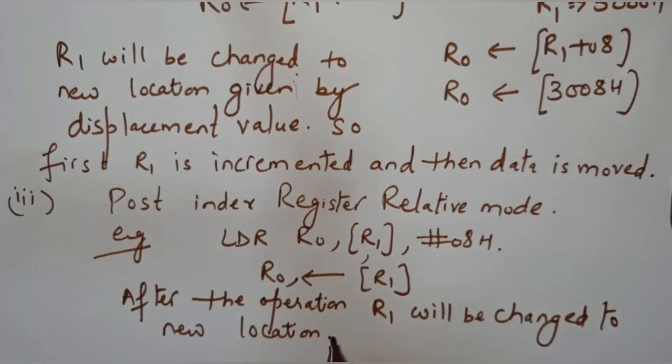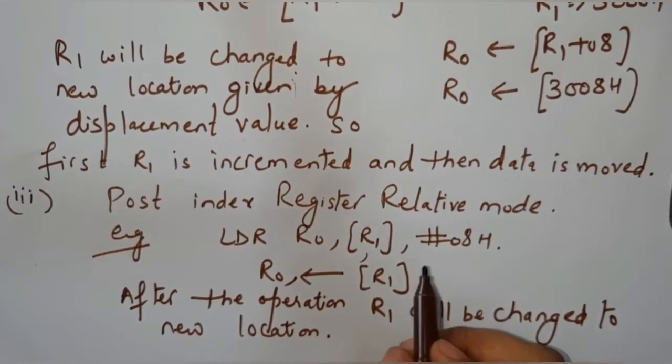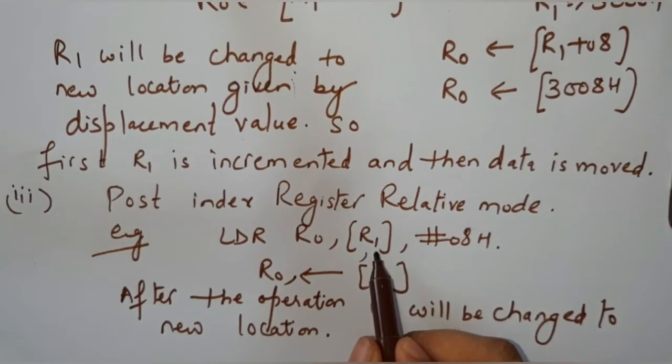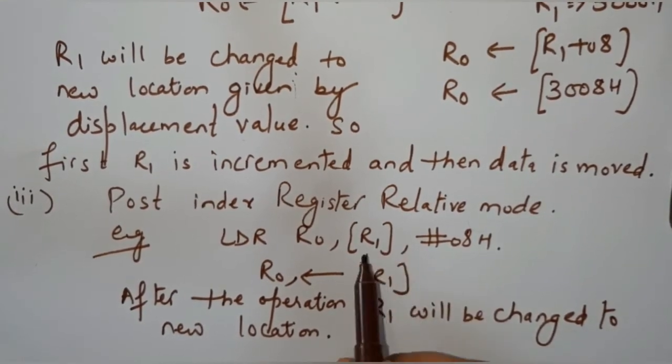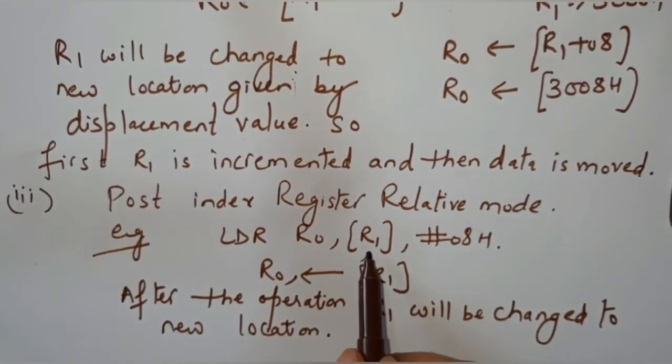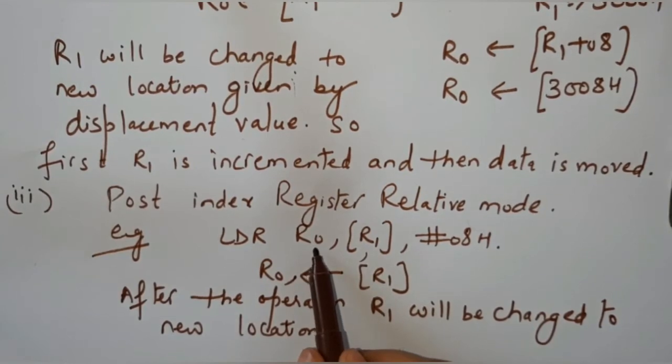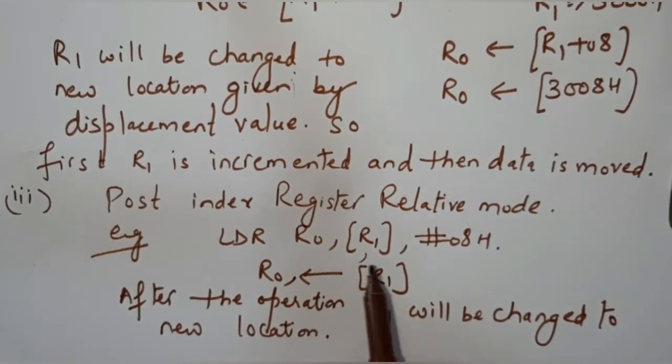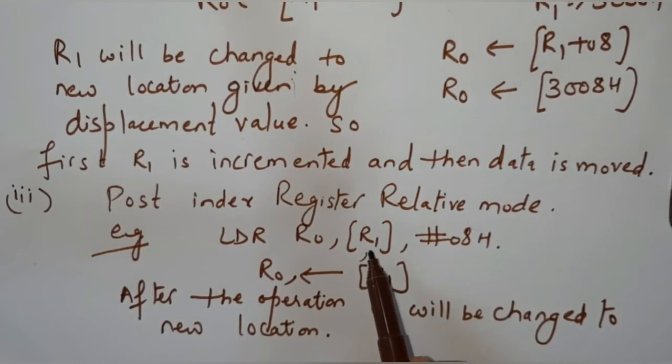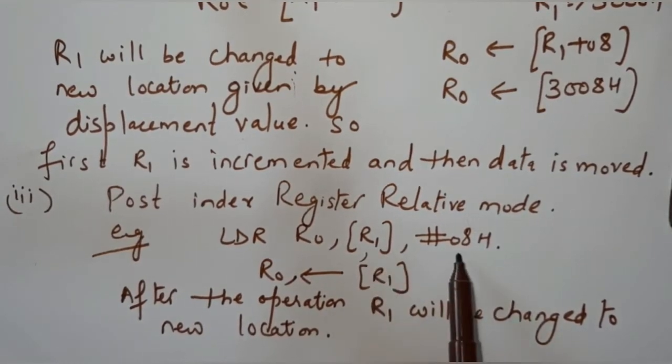Like in the example, if R1 is at 3000 location, the content of 3000 location will be moved to the register R0. After this operation, the pointer of the R1 register will be moved to 3008.